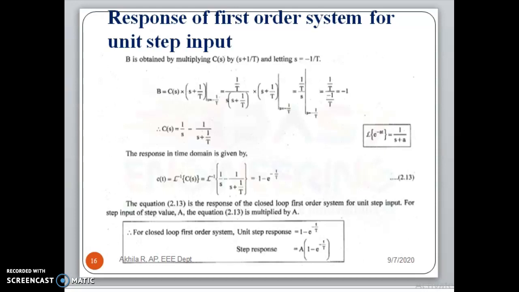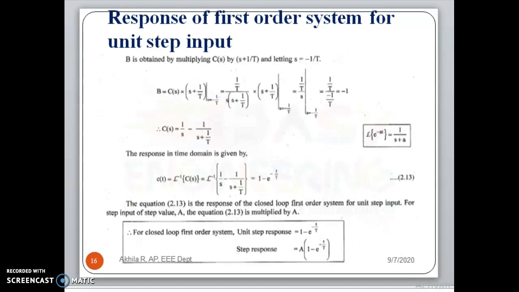To get the response in the time domain, you need to take the inverse Laplace transform. The inverse of 1/s is 1, and the inverse Laplace of 1/(s+1/T) is e^(-t/T). So the final unit step response for a closed loop system is going to be 1 - e^(-t/T).